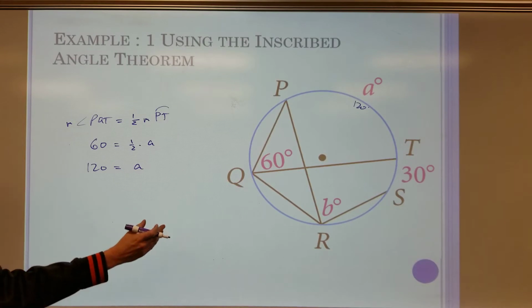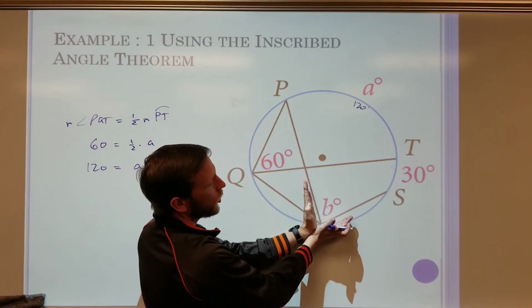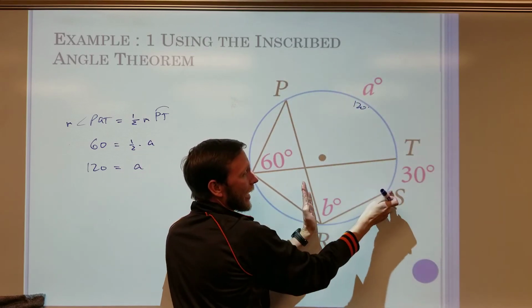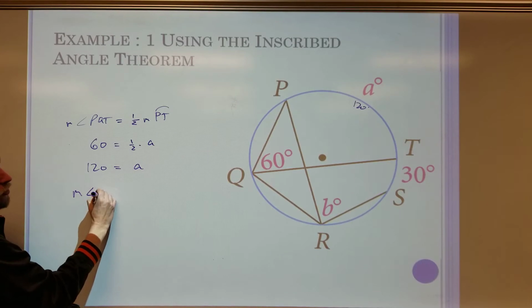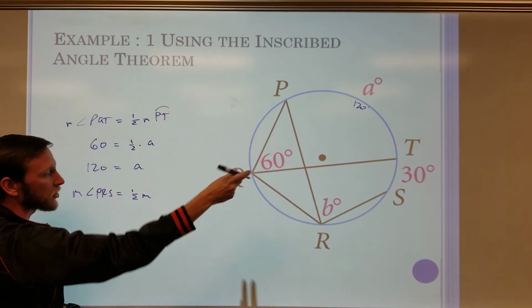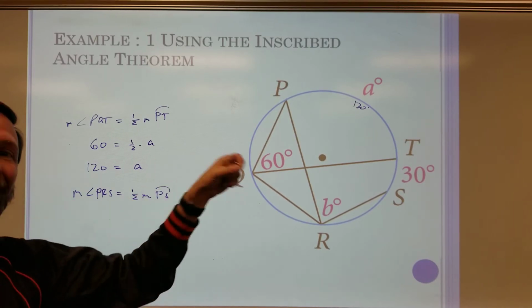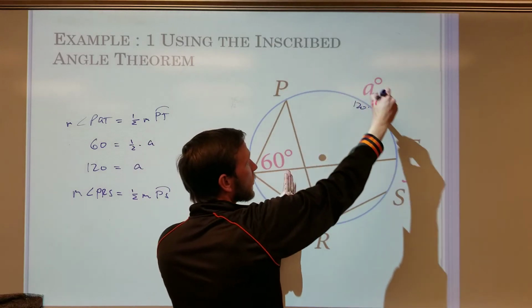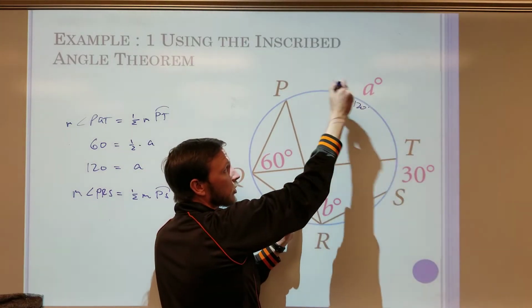Next, we want to find the value for B. Well, B is an inscribed angle whose intercepted arc is PS. And so the measure of angle PRS is equal to half the measure of the intercepted arc PS. Now I'm going to say PS and not PTS because this does not appear to be greater than 180 degrees or equal to 180 degrees.